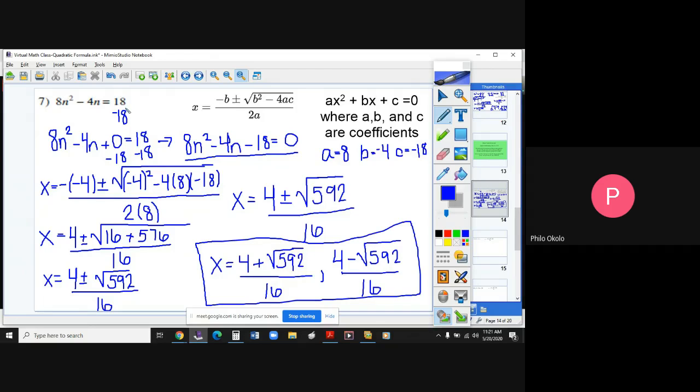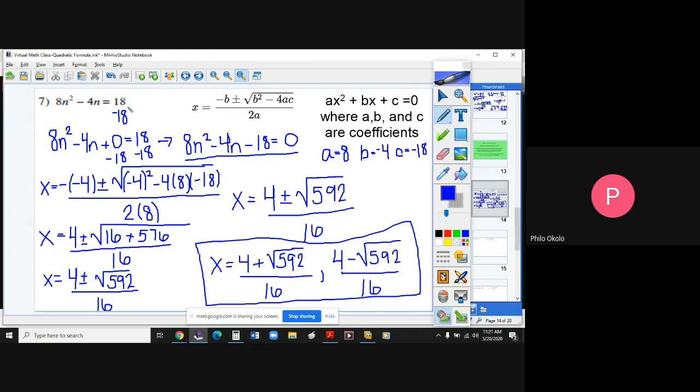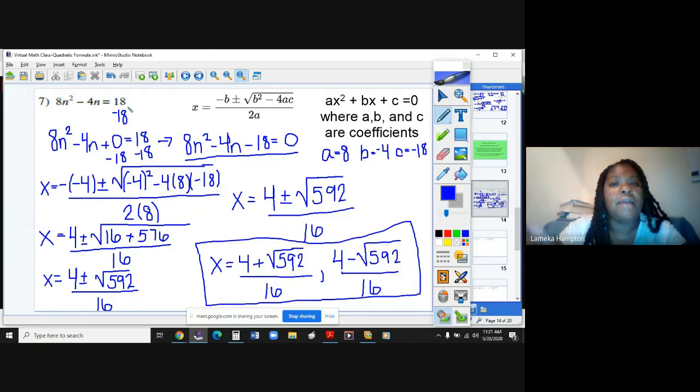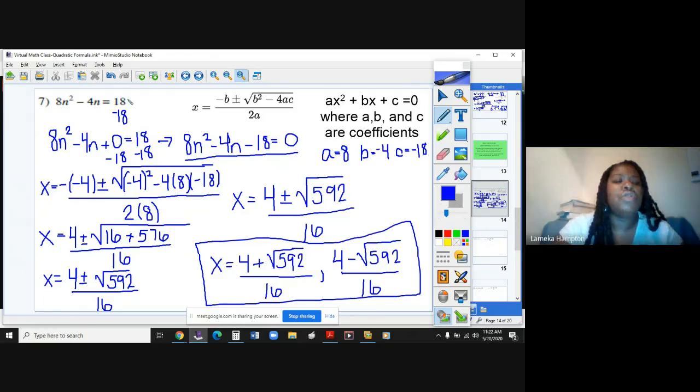Yes, it's not equal to zero. Okay, yes, remember all quadratic equations equal zero. This one equals 18. So technically this would not be a quadratic equation because it's not equal to zero. So we have to bring it to zero. Yes, all right, thank you.